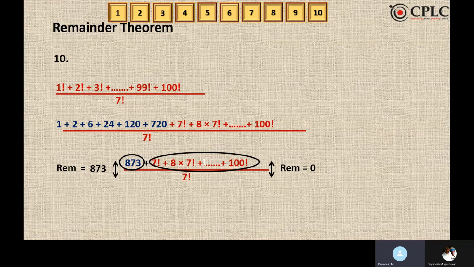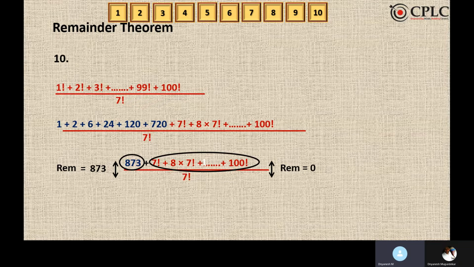So you need to only calculate the remainder for 1 factorial plus 2 factorial plus 3 factorial, so on till 6 factorial. So 1 factorial is 1, 2 factorial is 2, 3 factorial is 3 into 2 into 1, which is 6. 4 factorial is 24. In a similar manner, 5 factorial is 120. 6 factorial is 720. When you add all of that, it is 873.